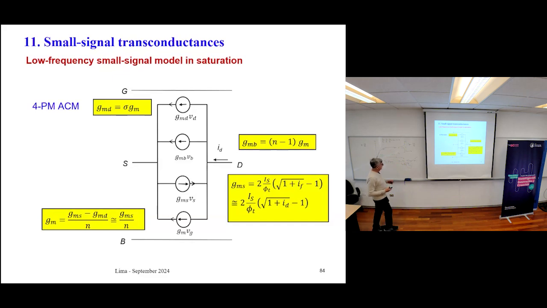Designers can choose the channel width and the channel length. And the other parameter is this one here. What's ID? ID is the drain current over IS. So you have two design parameters, IS and ID.